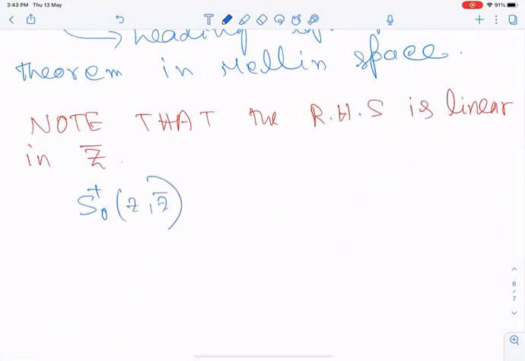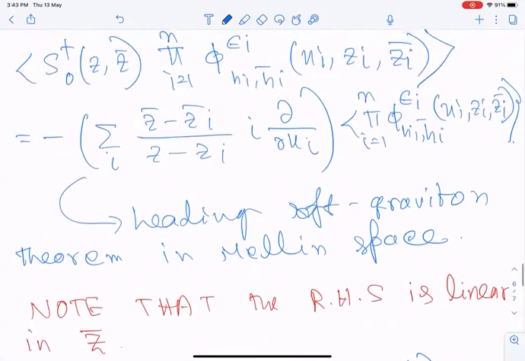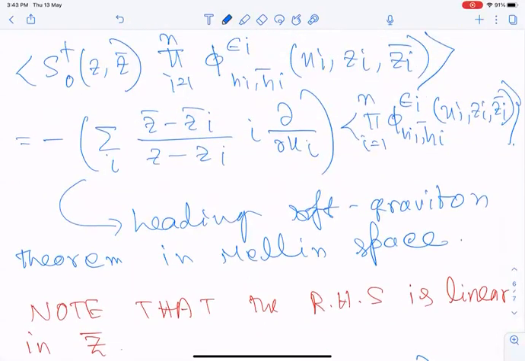like this. We can do a z bar expansion because it is linear in z bar, and let me write it in this way. Okay, so I write this as P0(z) minus z bar P minus 1(z). So P0(z) and P minus 1(z) do not really depend on z bar because, well, on the right hand side there is a single power of z bar.